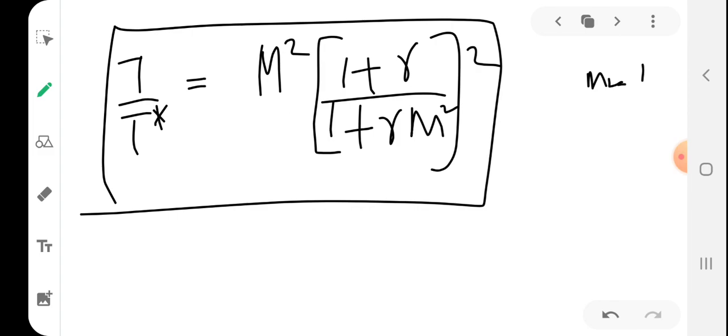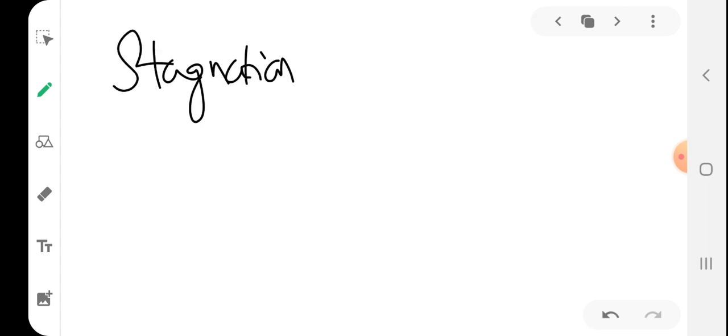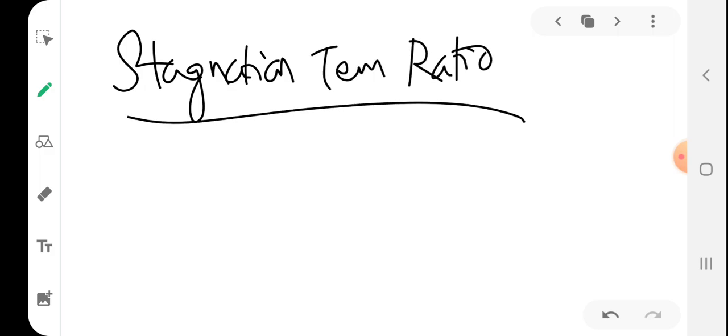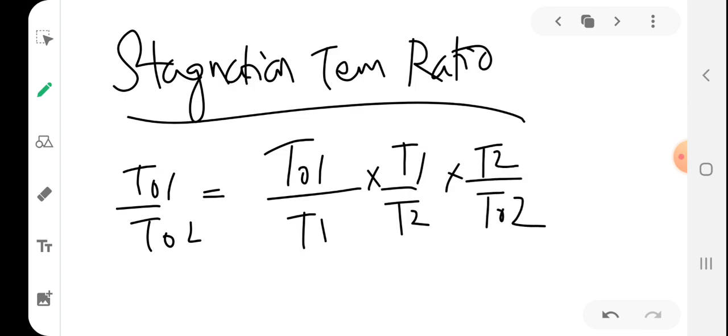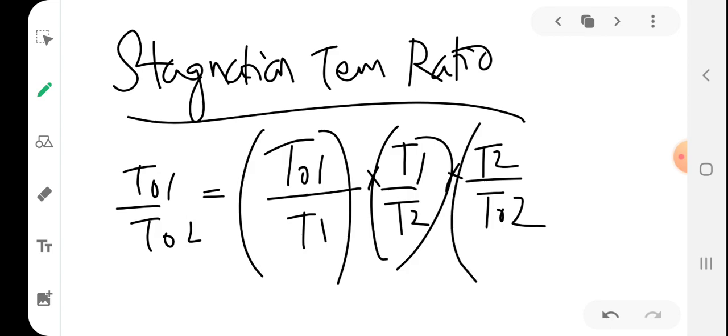Now if you have to find the stagnation temperature ratio, that is T01 by T02, it can be written as T01 by T1 into T1 by T2 into T2 by T02. T1 by T2 you have already found. T01 by T1 and T2 by T02 you have studied in your first module.